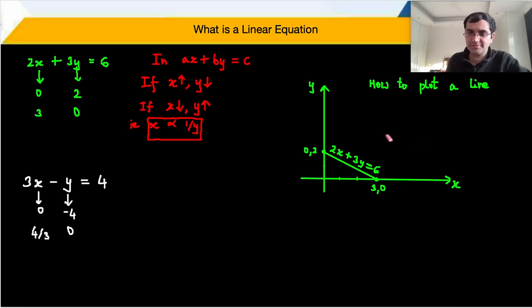Let me erase this part. X is 0, y is minus 4. This will come somewhere down over here. Minus 1, minus 2, minus 3, minus 4. And y is 0, x is 4 upon 3. 4 upon 3 will be somewhere over here. Join the 2 points. And this becomes your equation. This will keep going on.